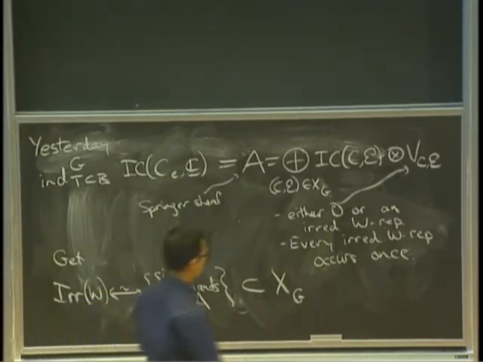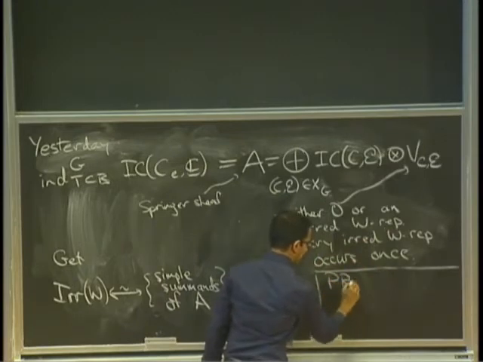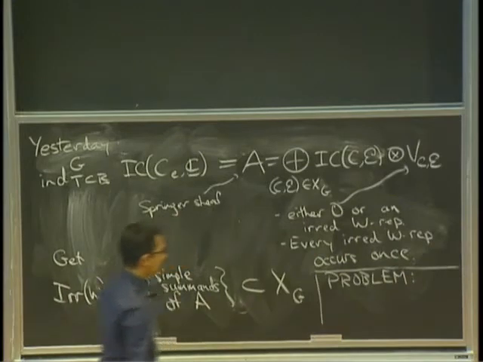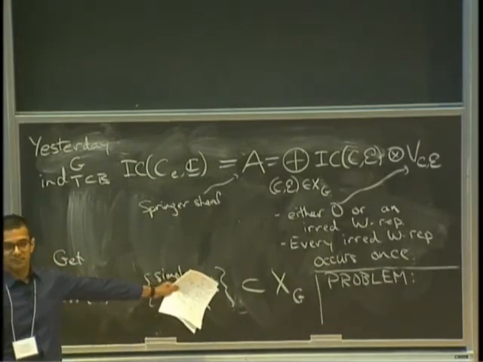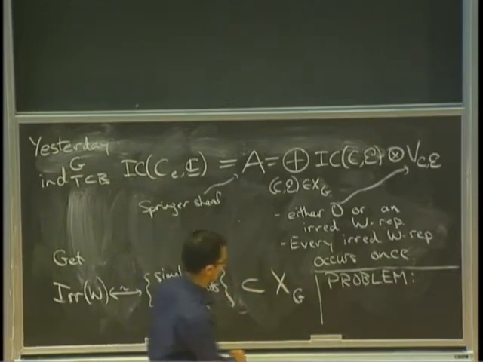And the problem that I want to address today is how do you account for the missing stuff in xg, the pairs that don't arise in the image of this map.